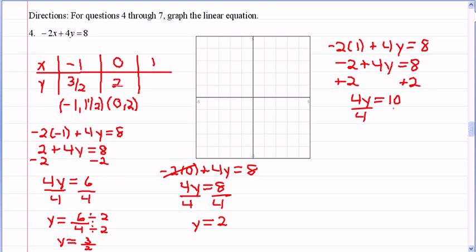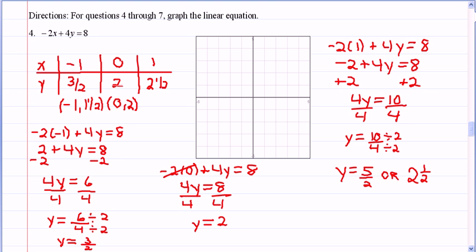I divide both sides by 4 to get y equals 10 over 4. 10 over 4 can be reduced by 2, and that gives me 5 over 2. And 5 over 2 is the same as 2.5. So underneath the 1, I put 2.5, and then I write the point 1, 2.5.